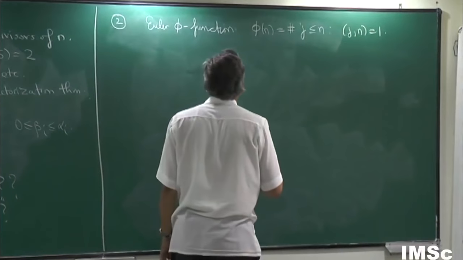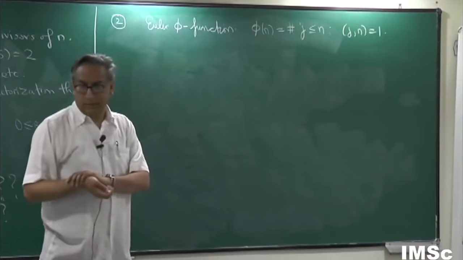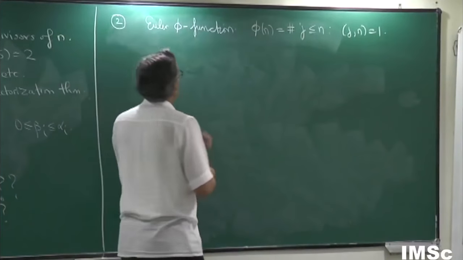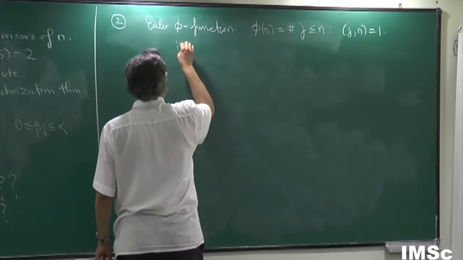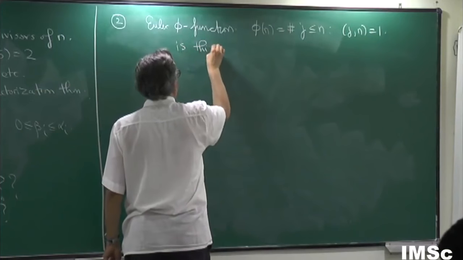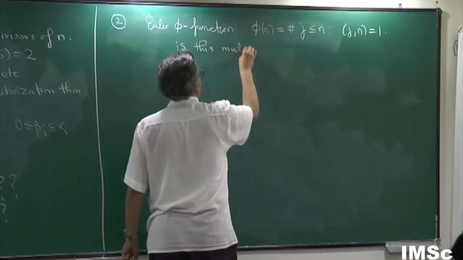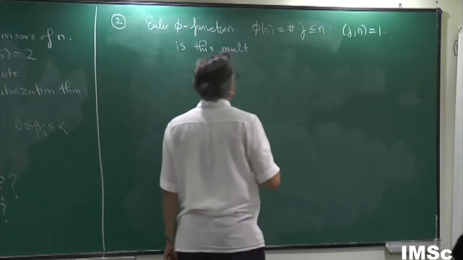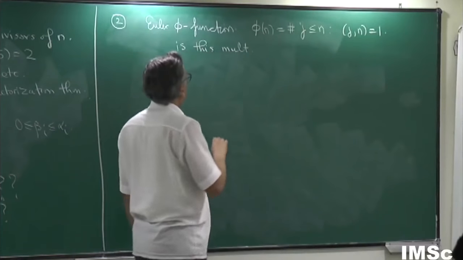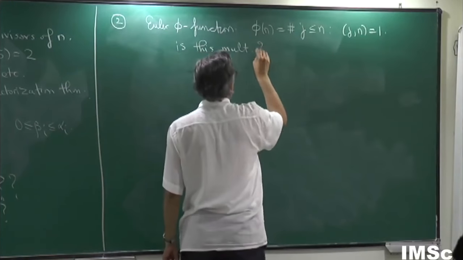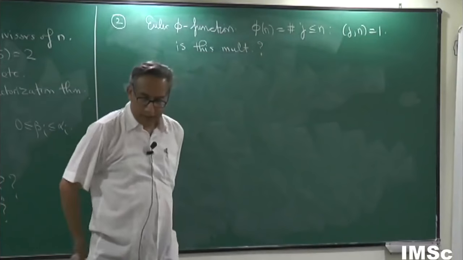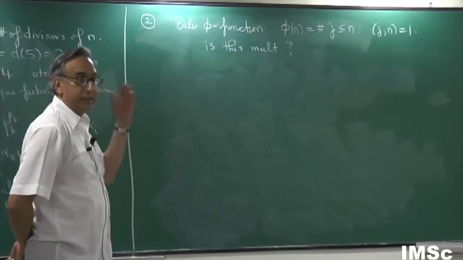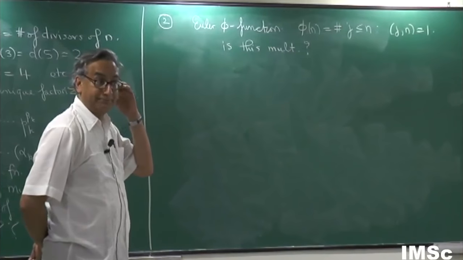And the question is, is this a multiplicative function or not? You can answer this question easily by first trying to find a formula for phi of n.